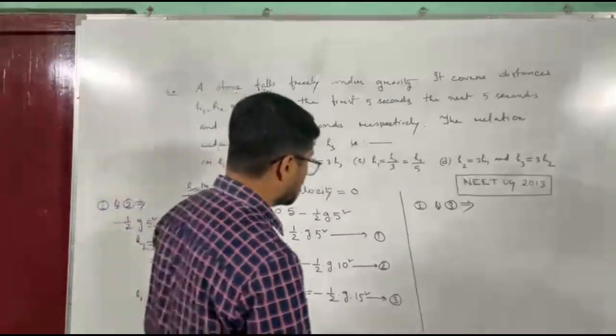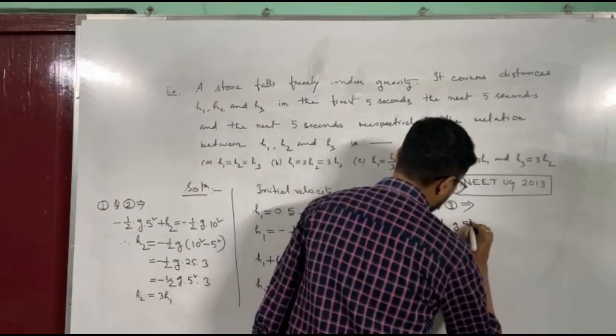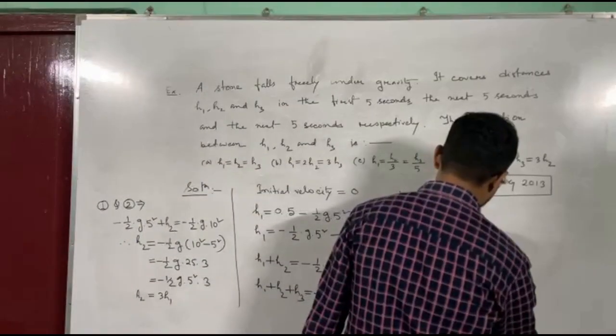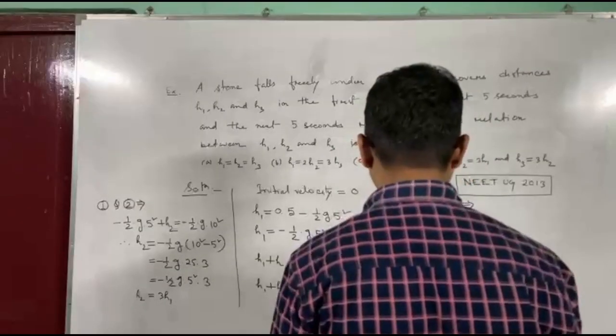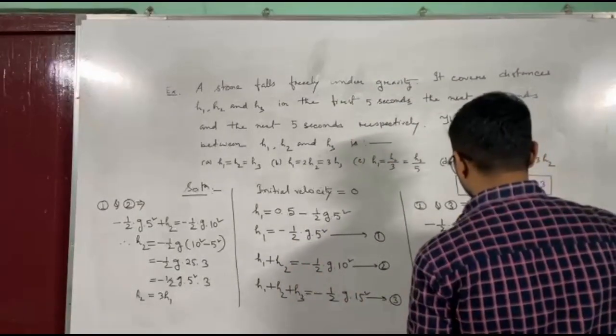I can write half g 5 square, or I can directly write h1 plus h2 as 10 square.